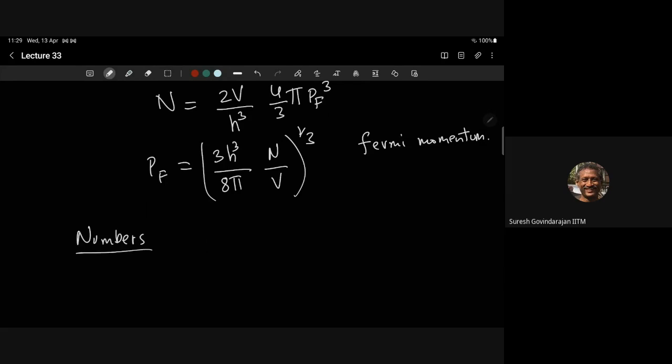So I'll give some numbers. Typical numbers are density, sorry, I have it in some horrible units.